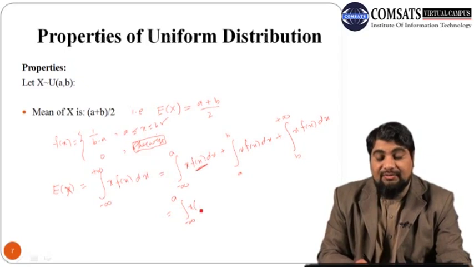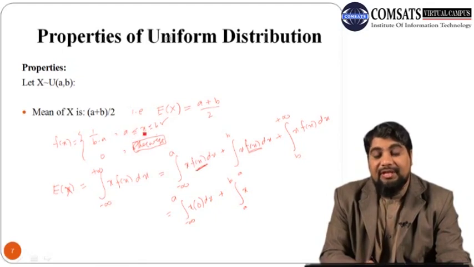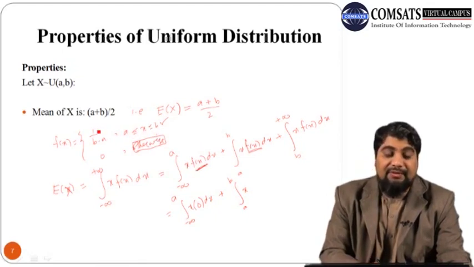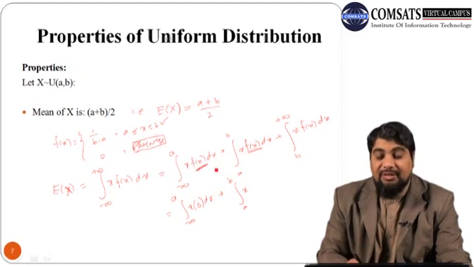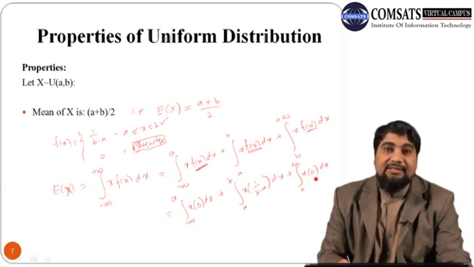So x times 0 dx, plus the integral from a to b of x times f of x, where x lies between a and b both inclusive, so f of x equals 1 over b minus a, dx, plus the integral from b to plus infinity of x times f of x, and similarly f of x is 0 for this interval.